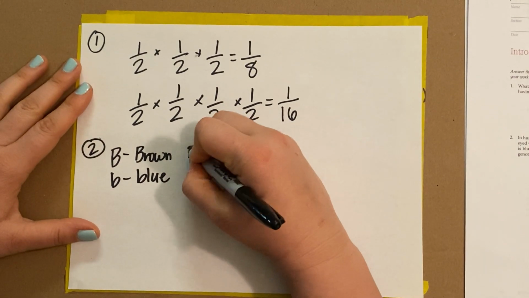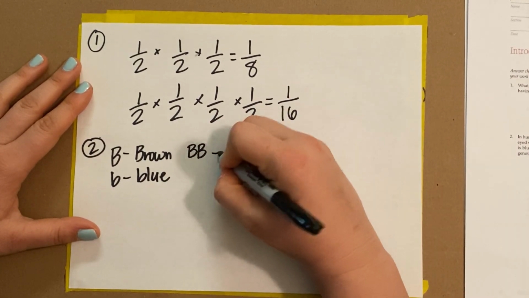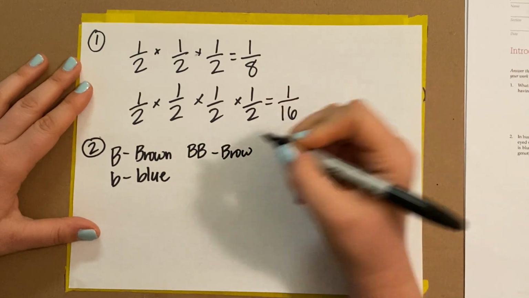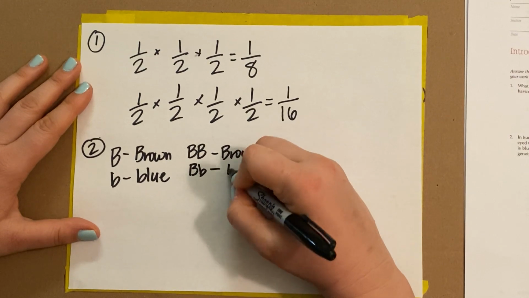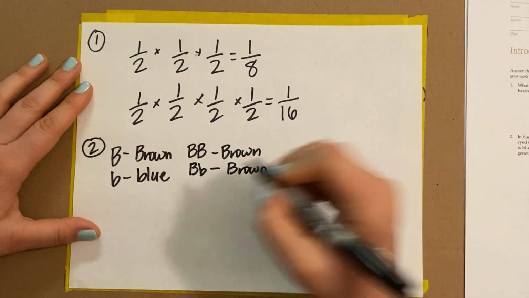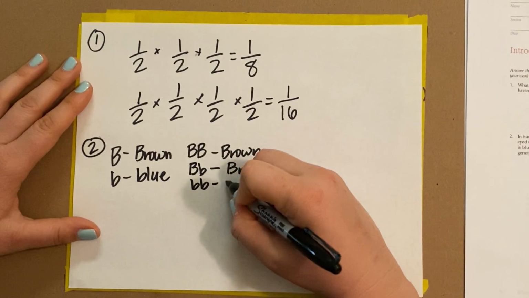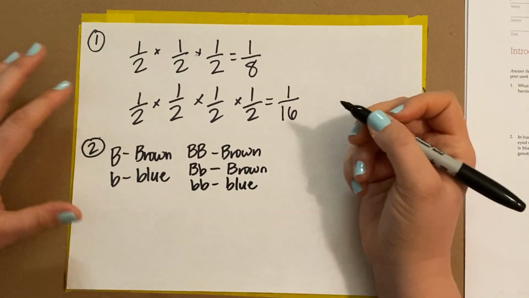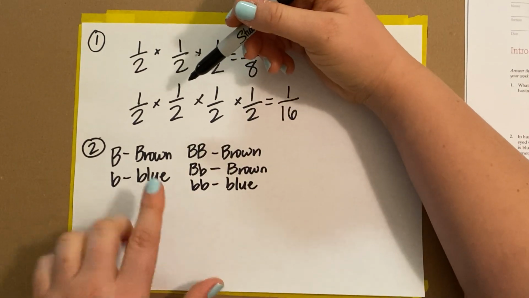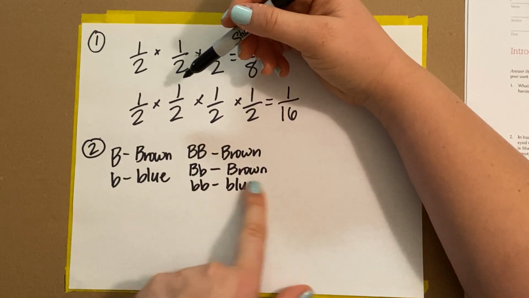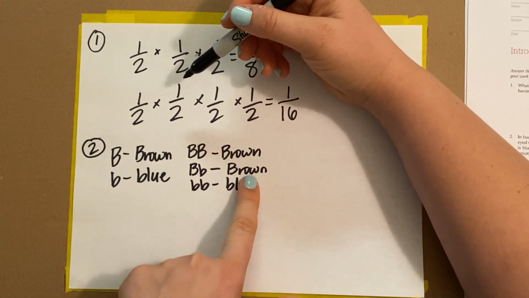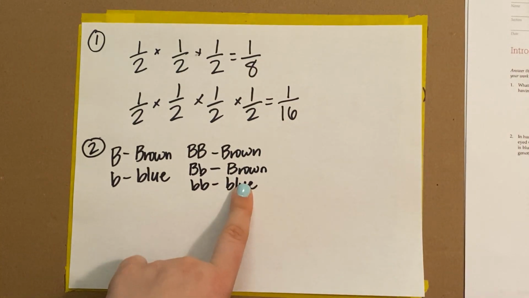So when we have big B, that's going to be brown, and when we have little b, that's going to be blue. Anytime they say that brown is dominant over blue, then in the heterozygote form, brown is going to be the color of the eye.